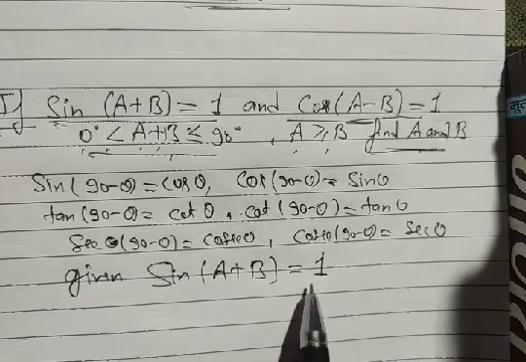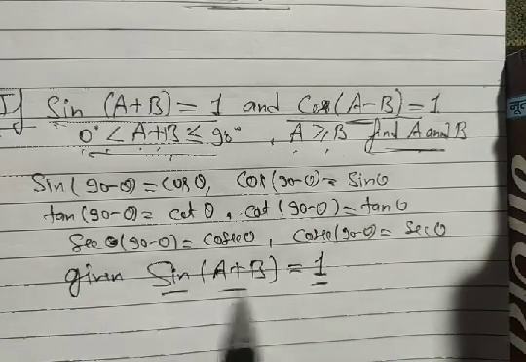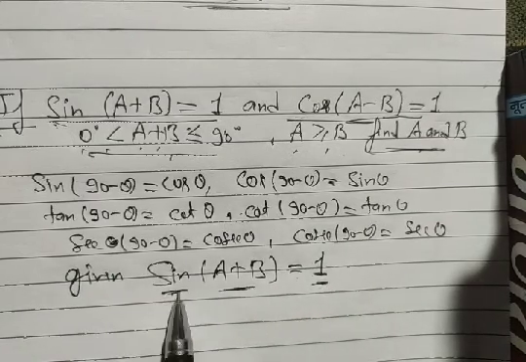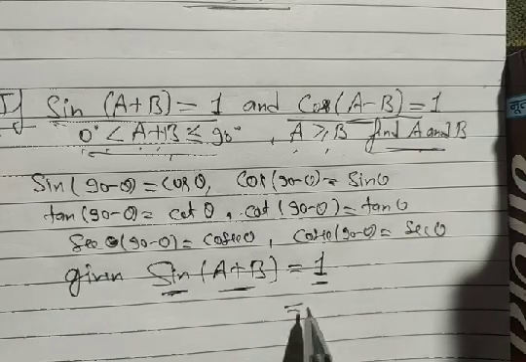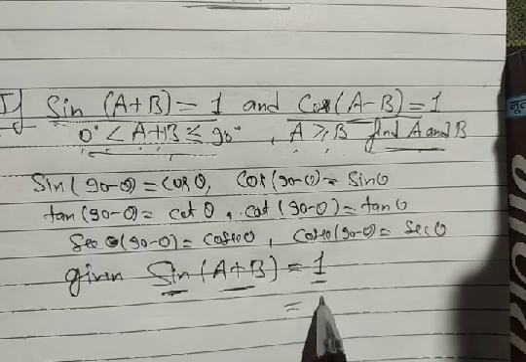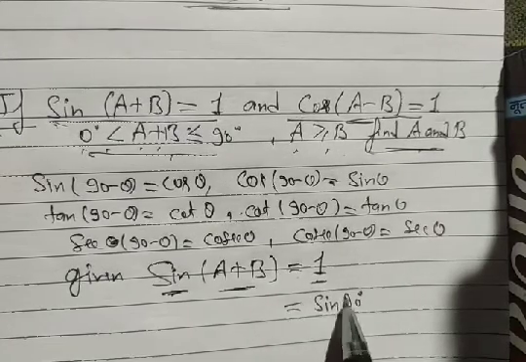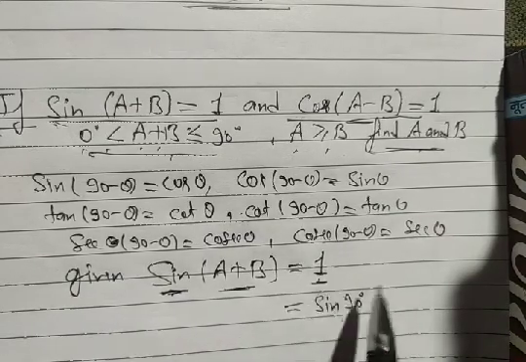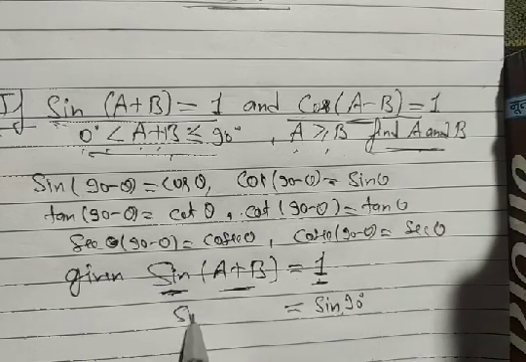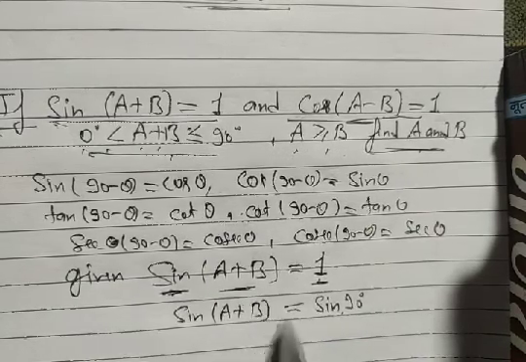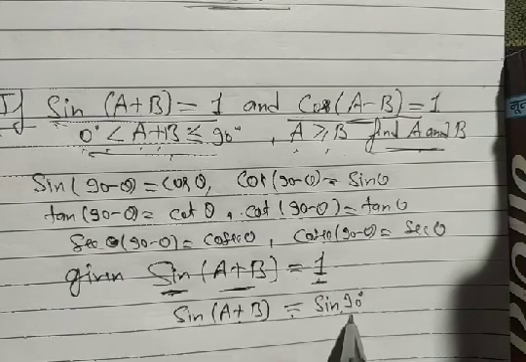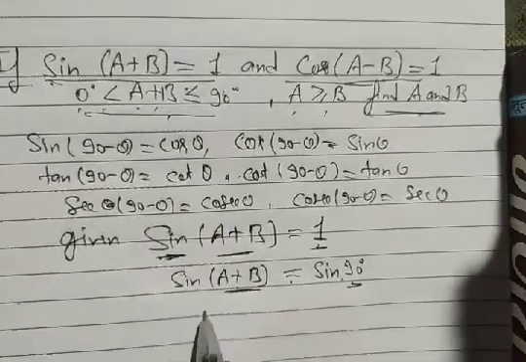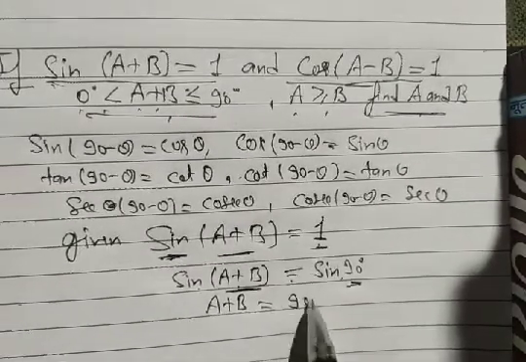Now go to the angle chart. When the value is 1 for the sine ratio, from the angle chart we see that the value of 1 is sine 90 degrees. So sine of a plus b equals sine 90. Now if sine x equals sine y, it happens only when x and y are equal. From here we have a plus b is equal to 90 degrees.